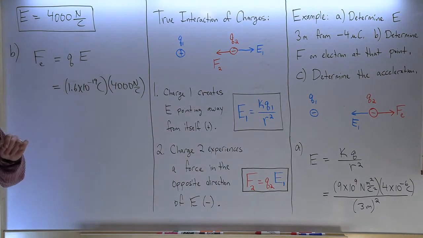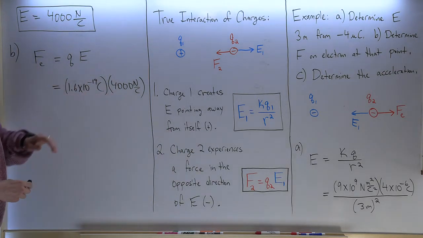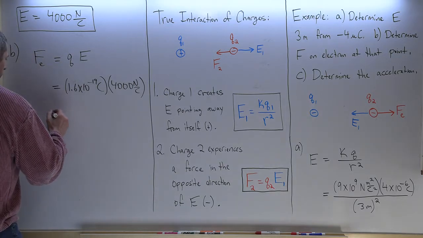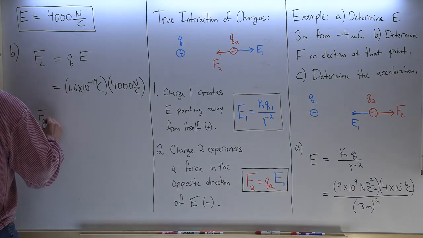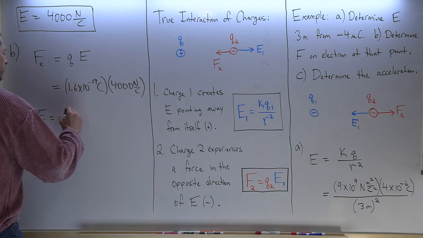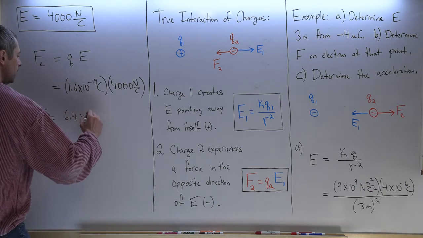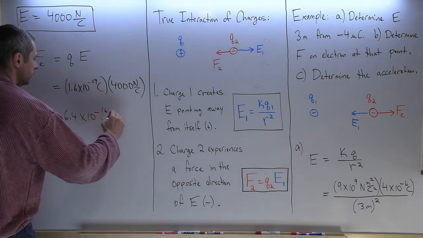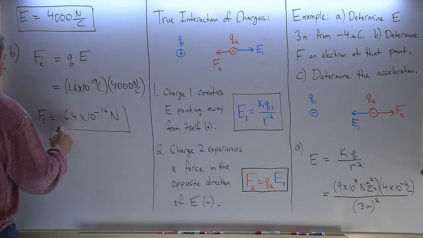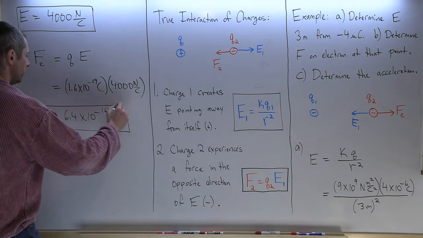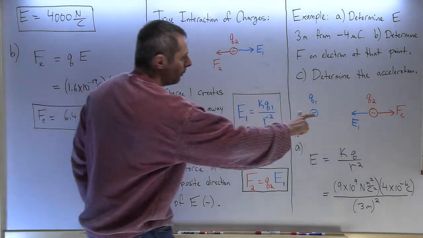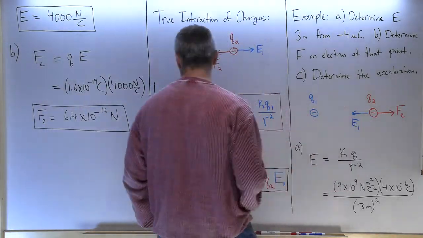In these formula calculations, just calculate the magnitude. Well, if you punch this on a calculator, you get Fe equals 6.4 times 10 to the minus 16th newtons. All right, there's the force on that electron right here at this point, opposite of the electric field.